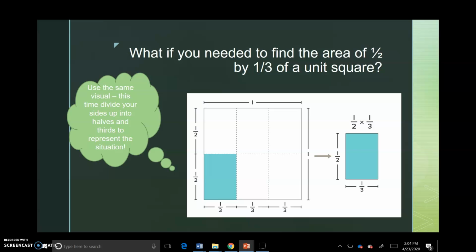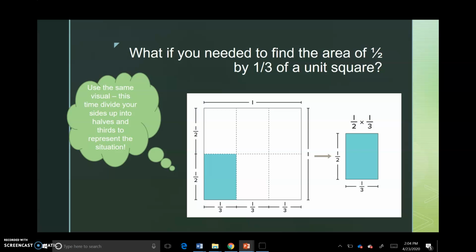So you can use the same visual idea for whatever you're trying to figure out the area for. So what if you need to find the area of 1/2 by 1/3 of a unit square? So again, we're going to take our unit square, our total, our box, our square is our total, our 1.